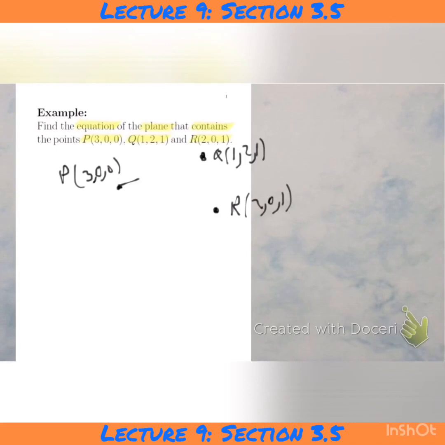So what I'm going to look at is this vector here, which is the vector PQ. Then I'm going to look at this vector here, and that is the vector PR.